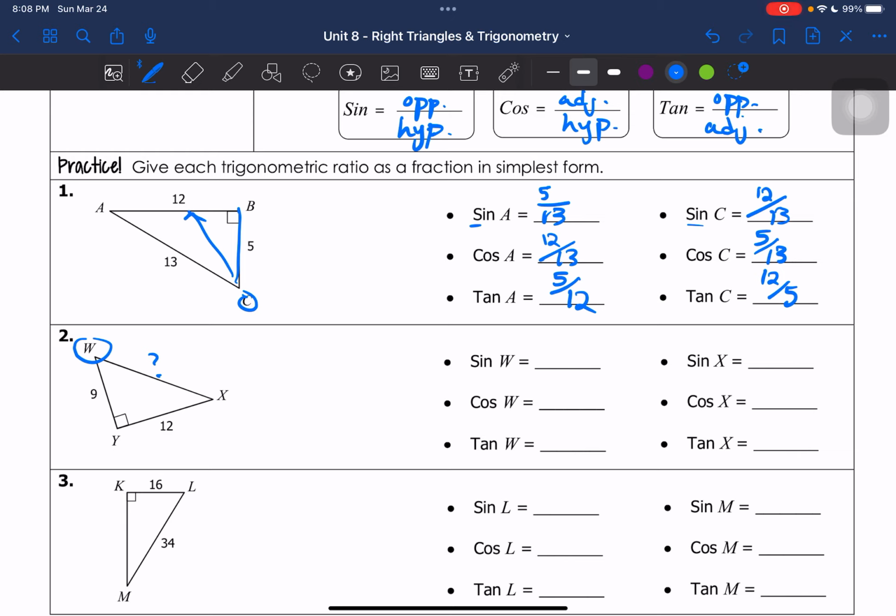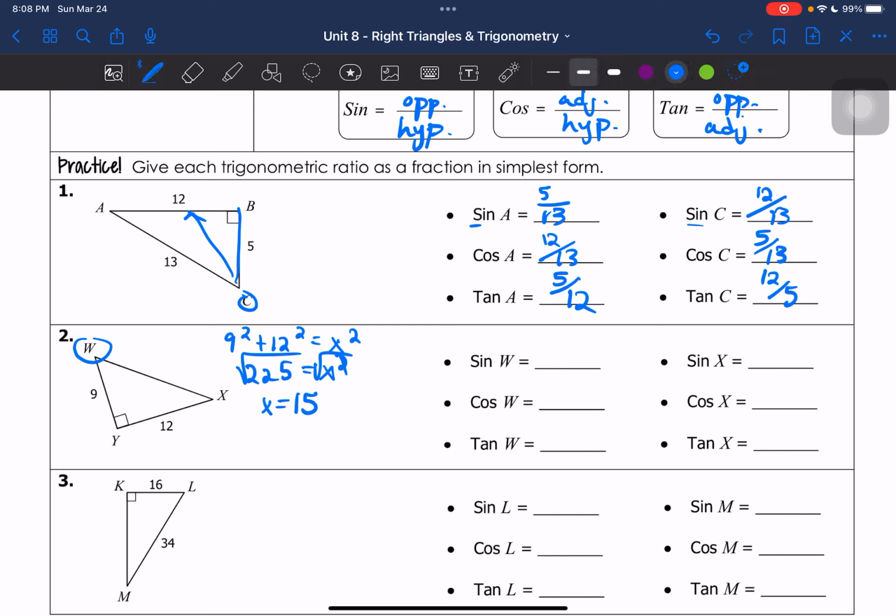So if I can just use Pythagorean theorem here, 9 squared plus 12 squared equals, let's say, x squared, then I can use that to find out what the hypotenuse is. So 9 squared plus 12 squared, you can type that into your calculator quickly, and that's going to give you 225. And then to simplify this, you just take the square root of 225, and that gives you 15.